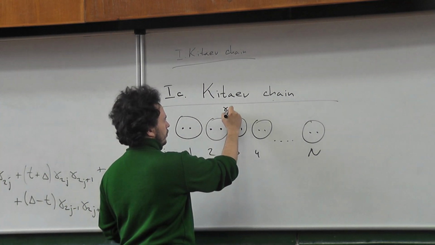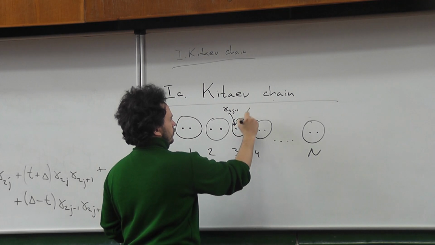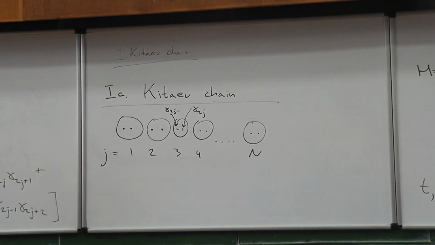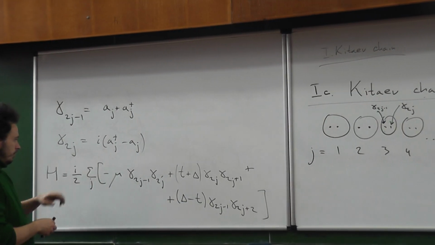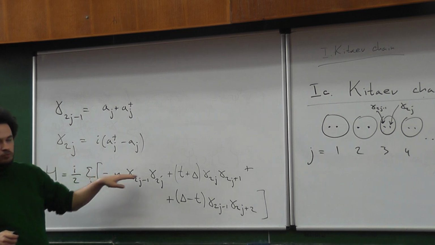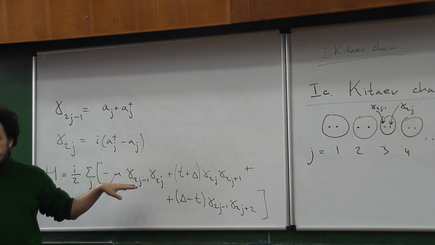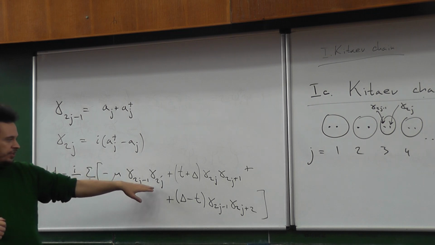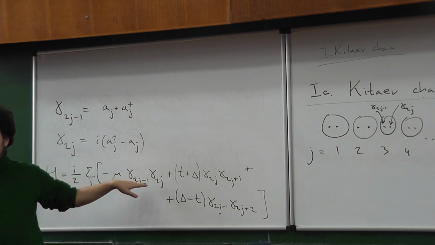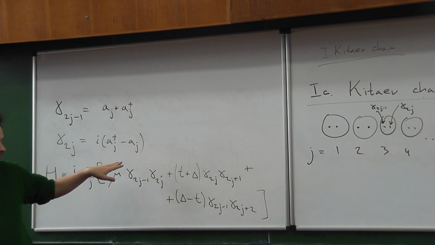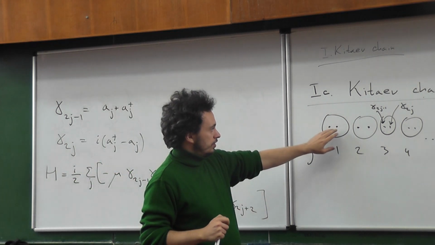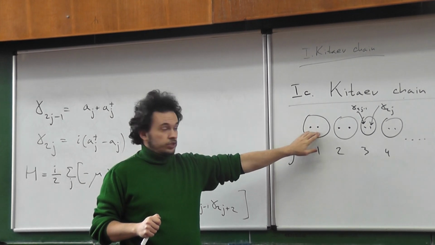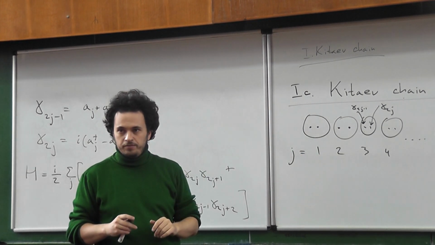This is gamma 2j minus 1. This is gamma 2j. And this mu term has this operator i gamma gamma, which has eigenvalues plus or minus 1. So it wants, depending on the sign of mu, either the eigenvalue plus or the eigenvalue minus. So it wants the site either occupied or empty. Just the same as we saw there.